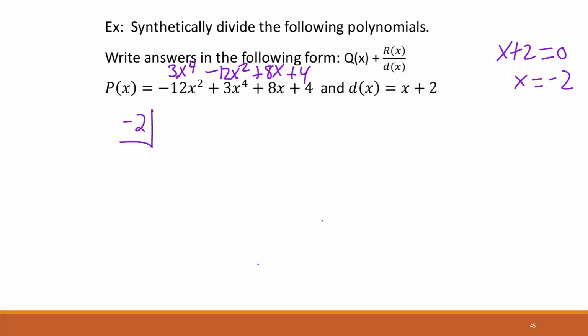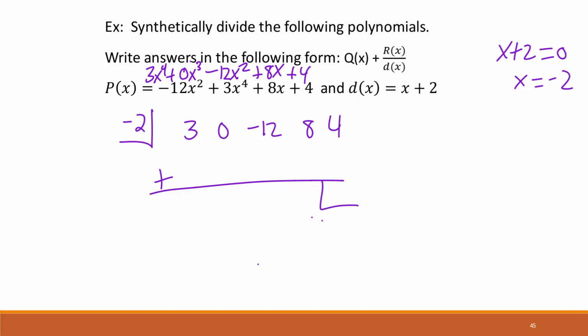So let me rewrite that again to include that 0 on the cube. So that's what we're really looking at: 3x to the fourth plus 0x cubed minus 12x squared plus 8x plus 4. So now we can put those down as 3, 0, -12, 8, and 4.